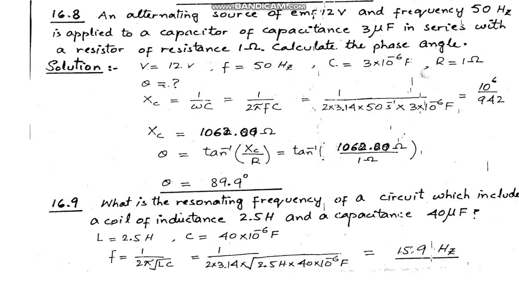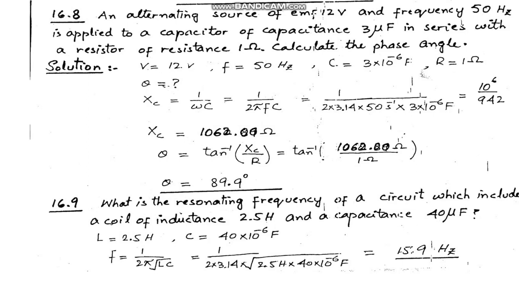Capacitive reactance Xc is equal to 1 over omega c. So that is equal to 1 over 2 pi fc. Put the values from above: 2 multiply 3.14 multiply 50 multiply 3 multiplied 10 to the power negative 6.